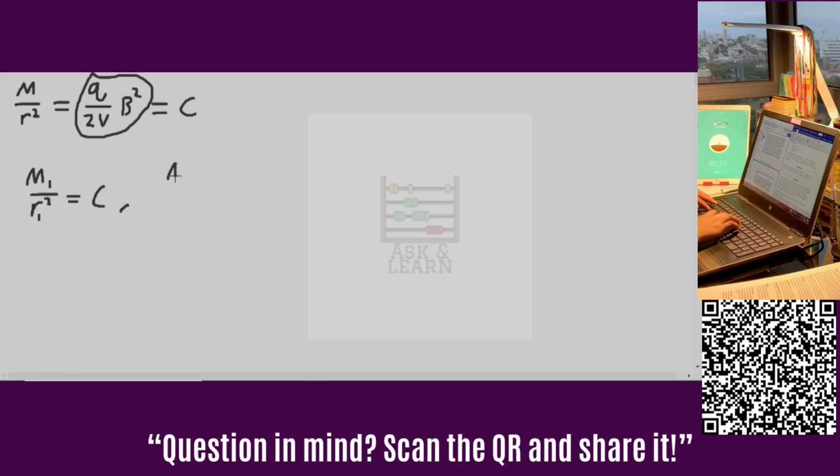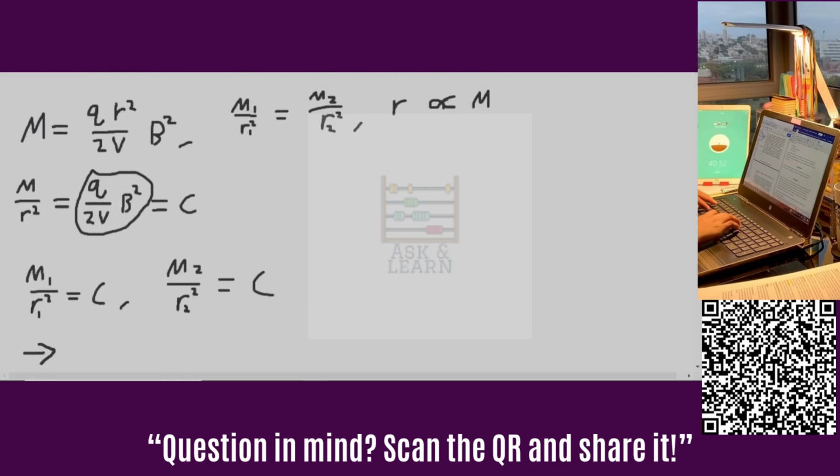And we know that m2 divided by r2 squared is also equal to this same constant, which is all of this stuff, once again. Because they are both equal to the same thing, we can set them equal to each other. And this is basically just proving what I surmised here. So this is the math proof for this statement. That's where I got that from.